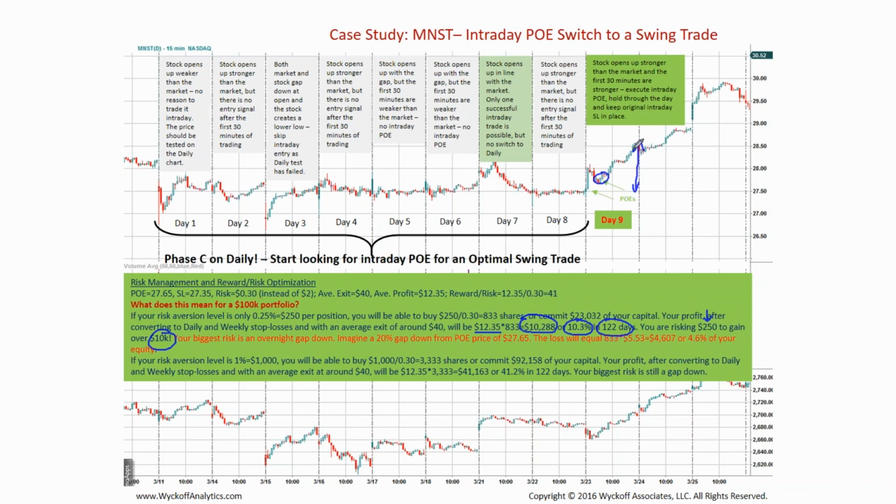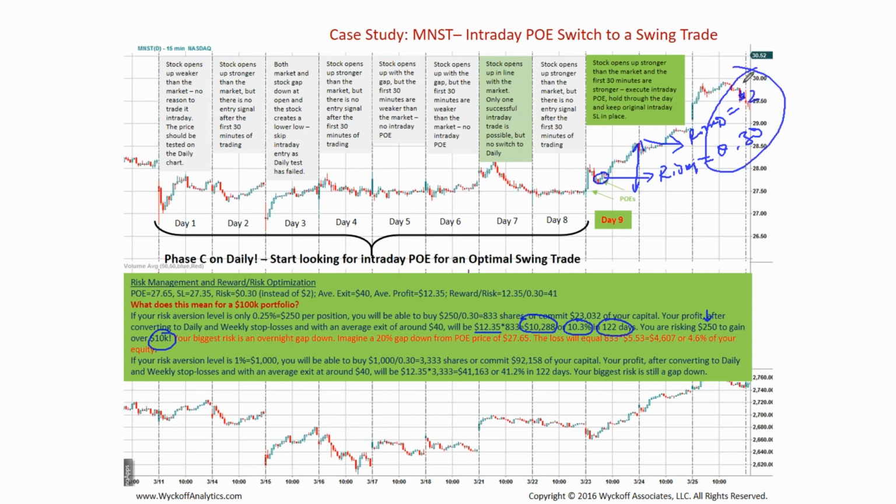And the sizing is so much more significant because of the risk. Here your risk is 30 cents on the intraday, and here your risk on the daily is $2.